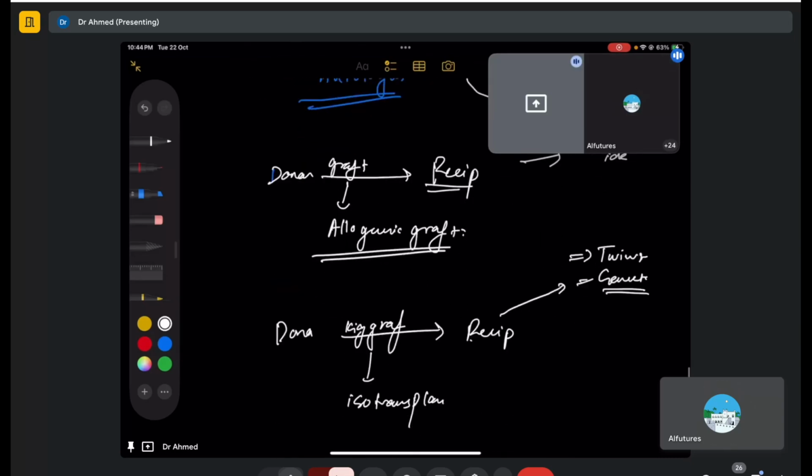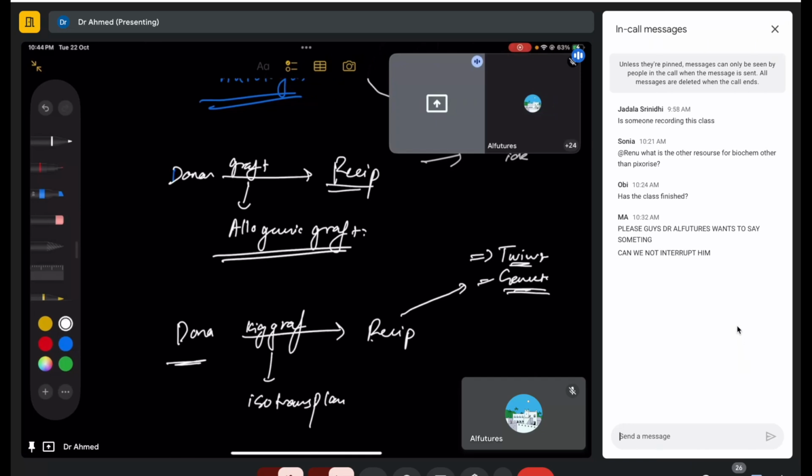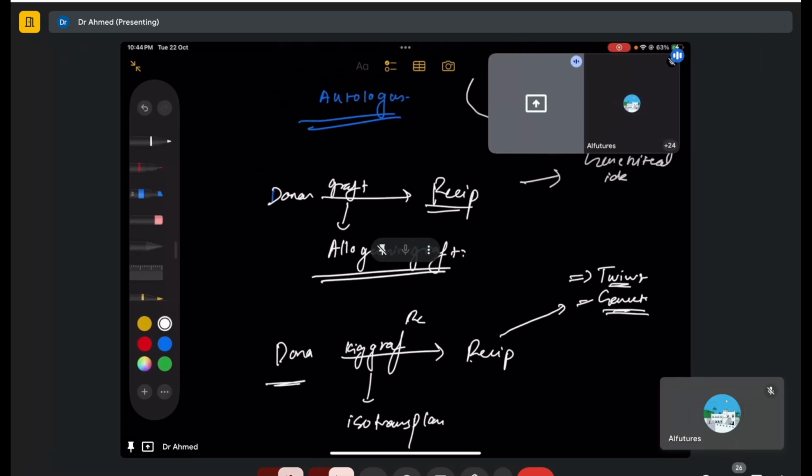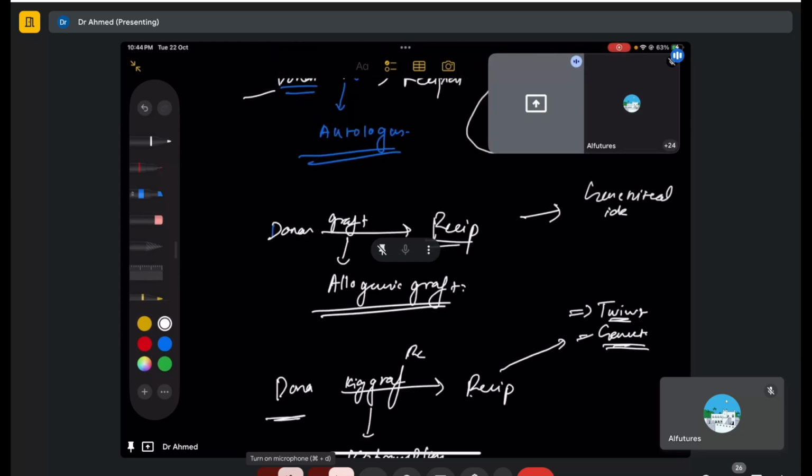If I am giving a graft to a twin that is genetically identical, still he won't have any rejection because all of his genetics are the same, all of his HLAs are the same. But if I'm dealing with an allogeneic graft, that is, giving it to a genetically non-identical individual, there could be some difference in blood.